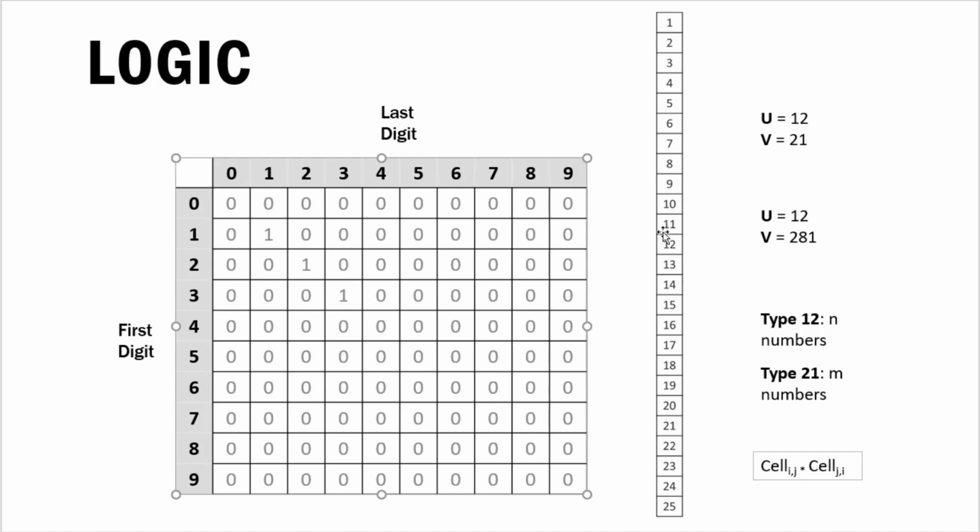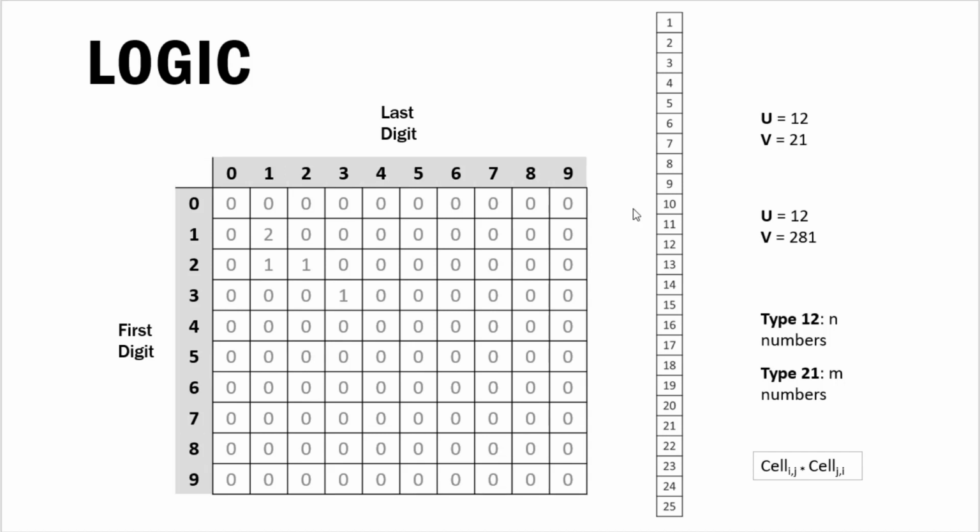Let's take some other example. Say we are talking about 11. For 11, again, the first digit is equal to 1, the last digit is equal to 1. So we can increment the counter here, and 1 changes to 2 this time. Let's say we are talking for 21, 2 and 1. We'll increment the counter over here.